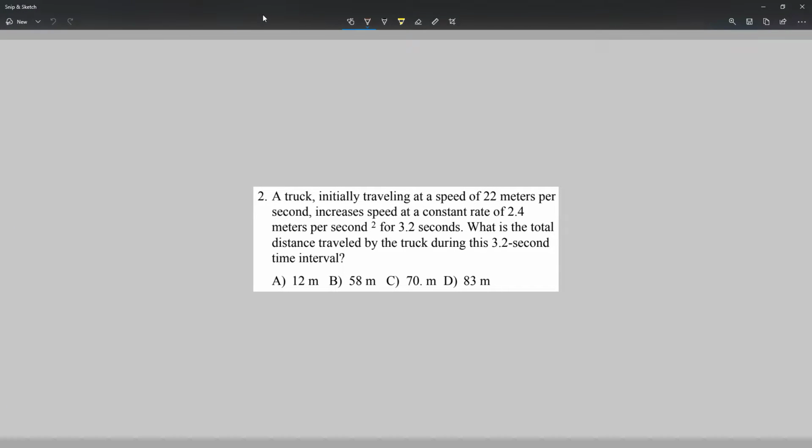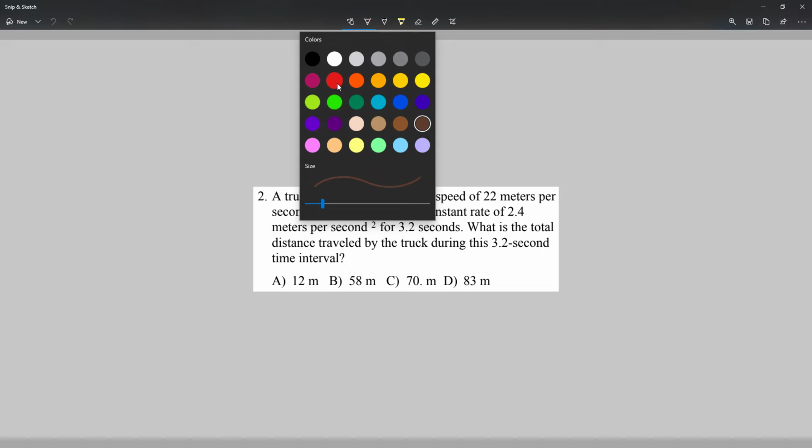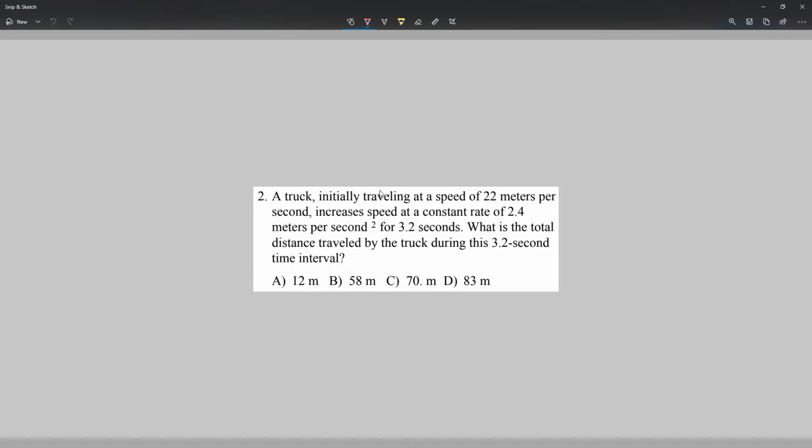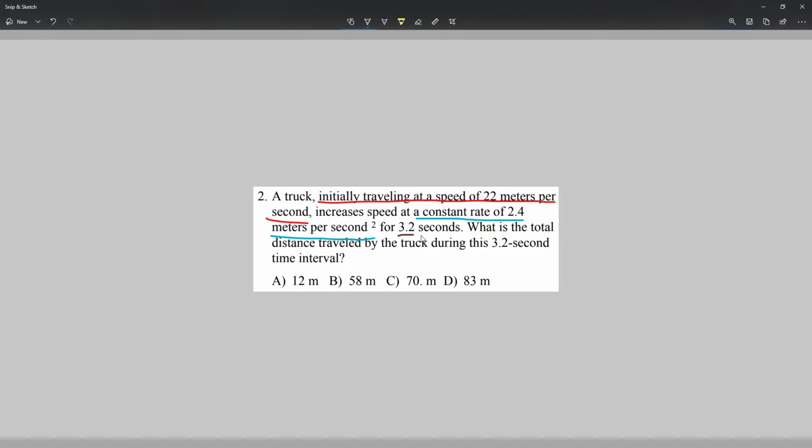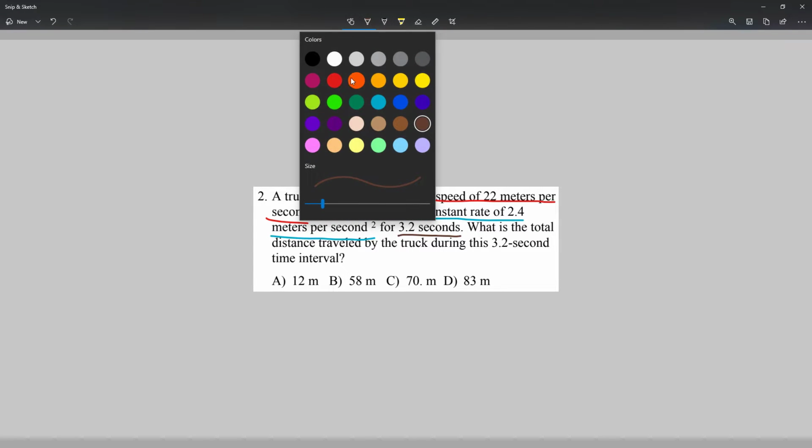Number 2. A truck initially traveling at a speed of this number increases its speed at a constant rate of 2.4 meters per second squared for 3.2 seconds. Now the first one's okay, right?